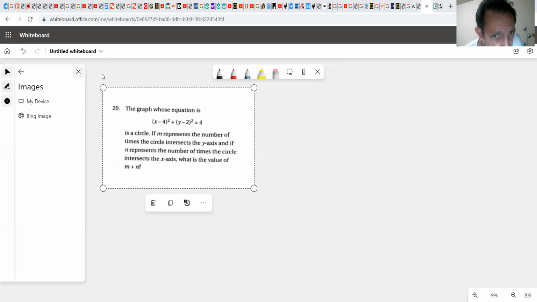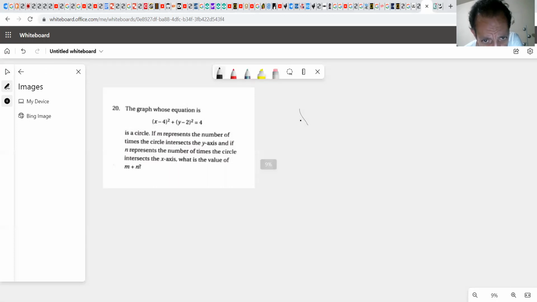So here's the equation: (x minus h) squared plus (y minus k) squared equals r squared.